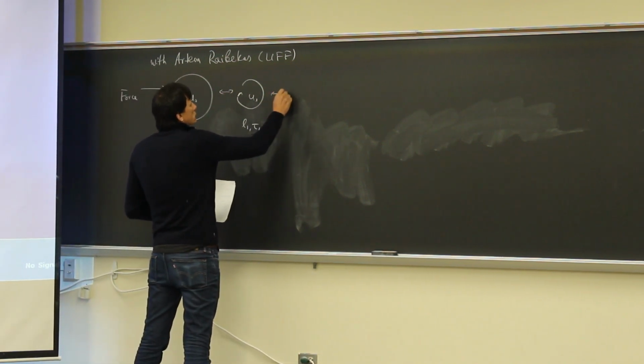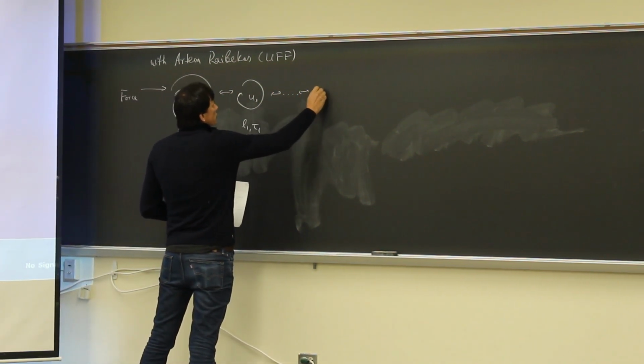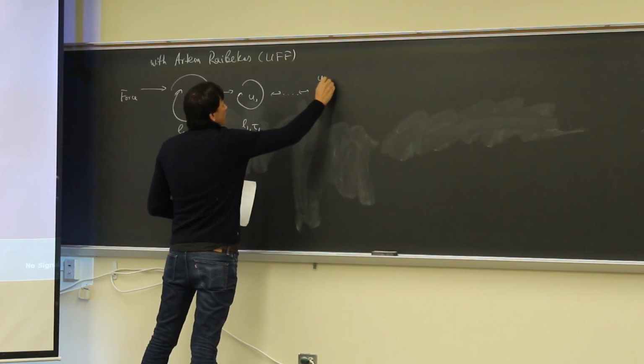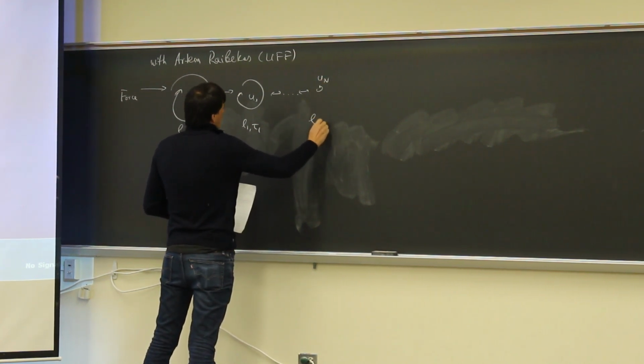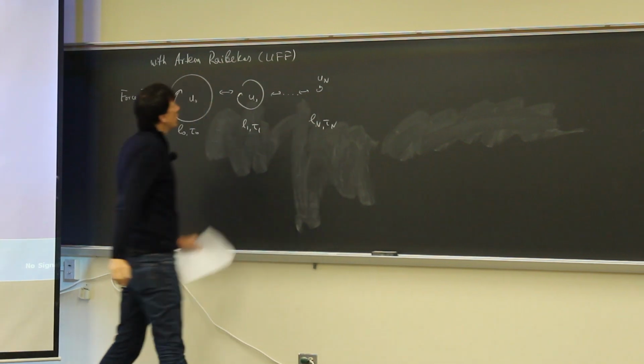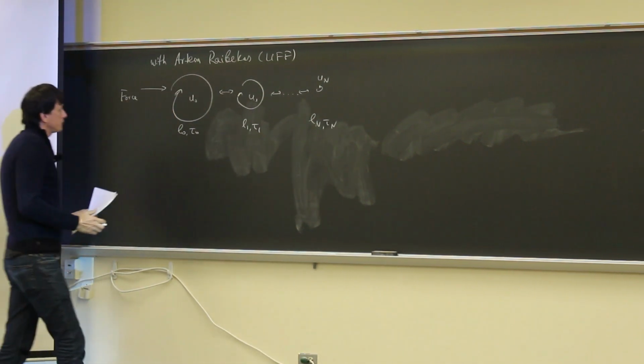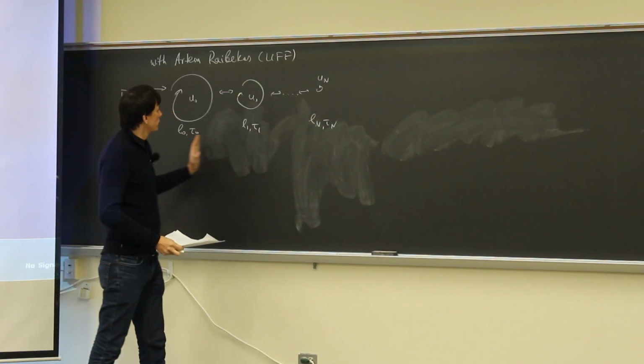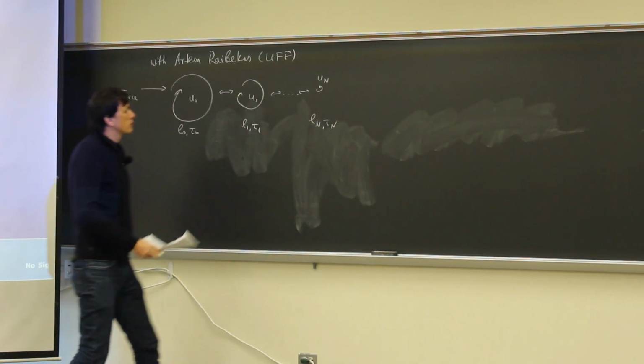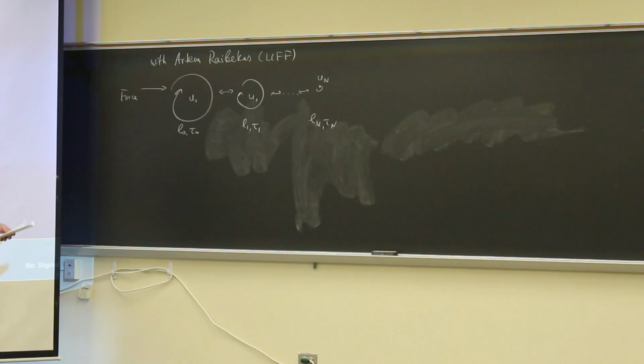And so on, and this extends to something very small, at scale L capital N, tau n. The important part is that there is a scale invariance: the scales change as a geometric progression.